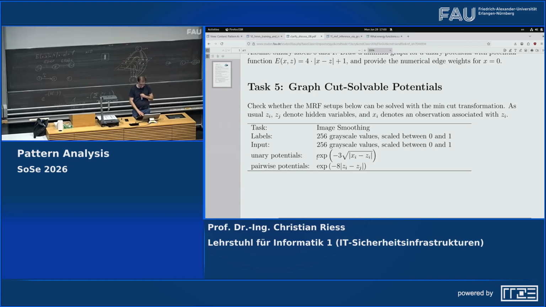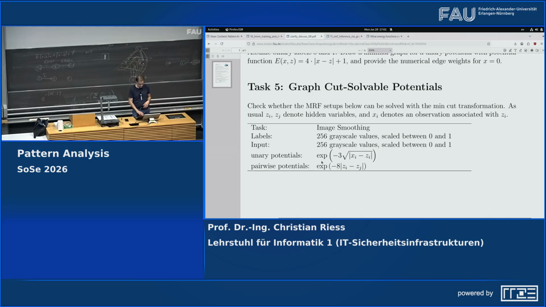Maybe just a quick check. I mean, these potentials could also have some weird functional form. No? I'm not sure how practically relevant this is, but just don't be fooled by it. As long as the energy function has a recognizable minimum at the desired spot, like for a pairwise potential or pairwise energy term, if for identical labels there's a minimum, no?